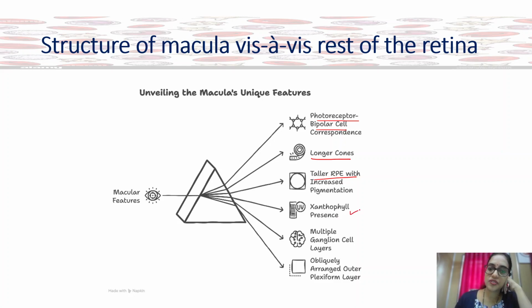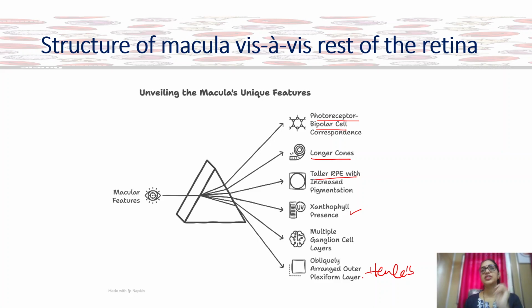There is a lot of xanthophyll present, a pigment that is helpful in absorbing UV light. Then there are multiple ganglion cell layers, a very thick layer, which we spoke about before. And the OPL, or outer plexiform layer, is obliquely arranged and is also known as Henle's layer.